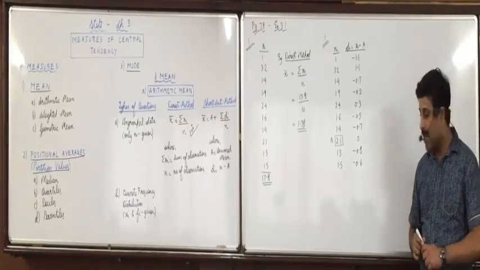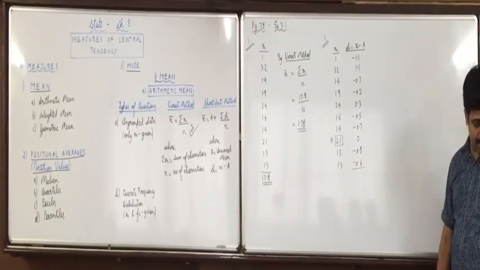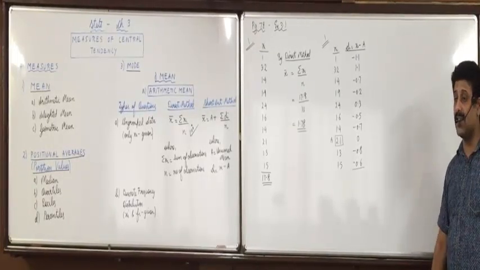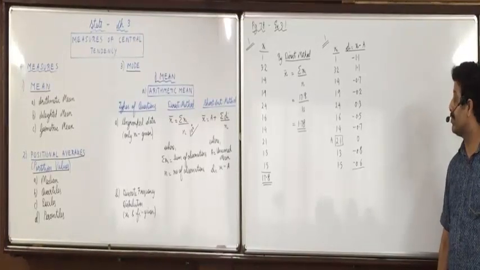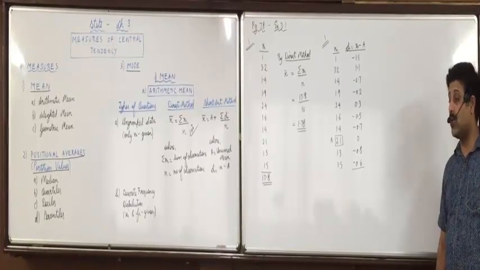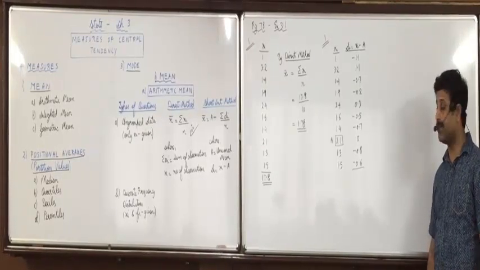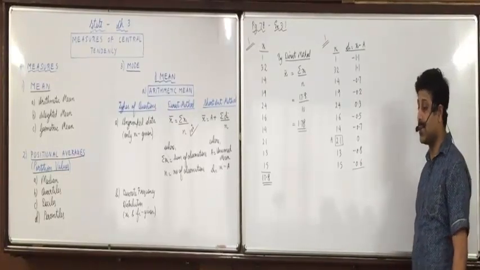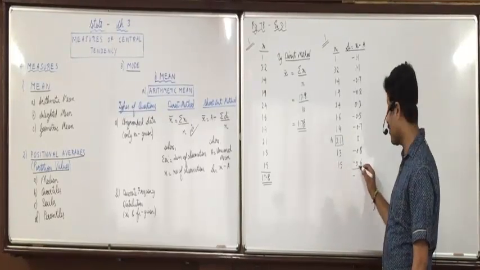Any confusions? Now this total also do it: minus 1.1, plus 1.1, minus 0.7, minus 0.2, plus 0.3, minus 0.5, minus 0.7, minus 0.8, minus 0.6, minus 3.